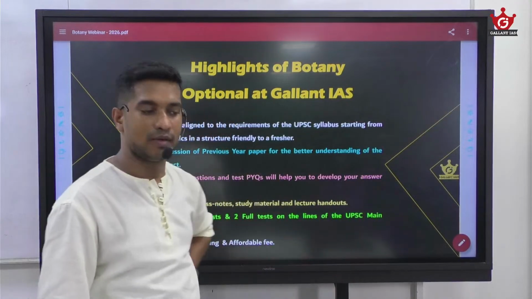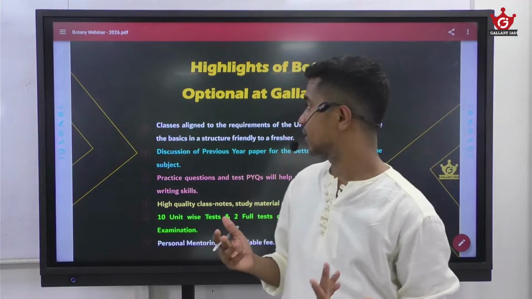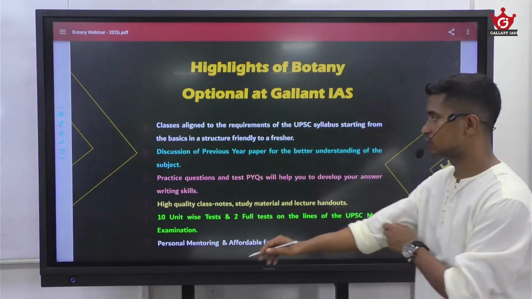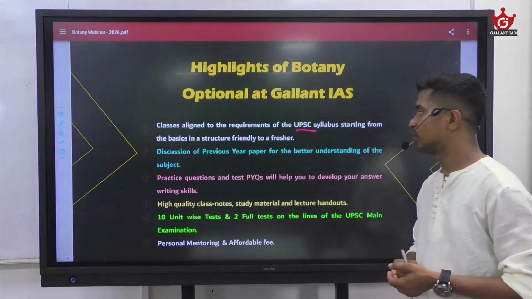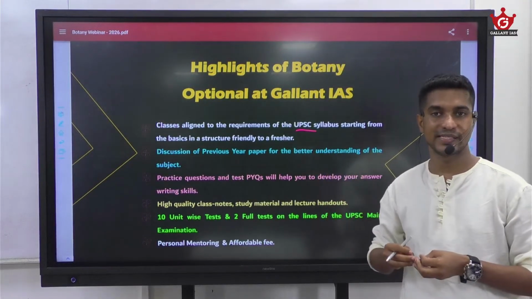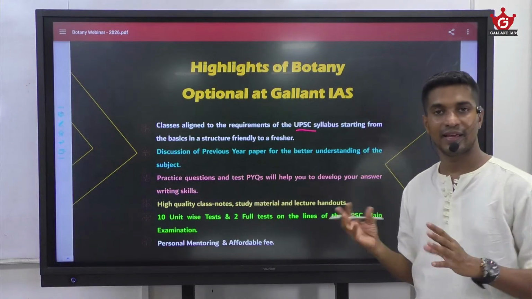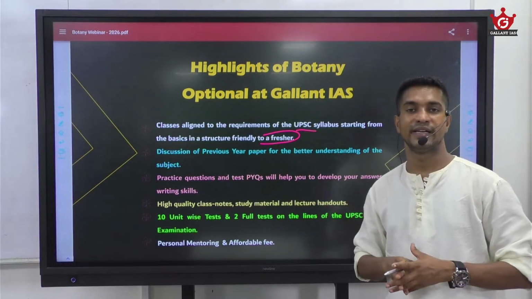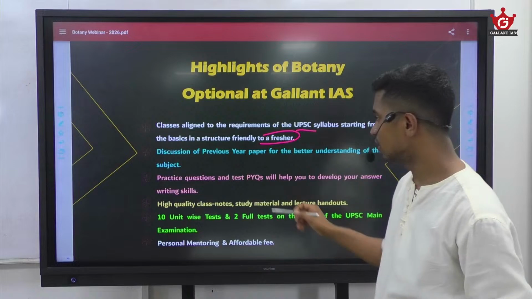So we are moving to the last part. What are the highlights of opting botany in Gallant IAS? The classes are strictly aligned to the UPSC requirement and the UPSC syllabus, starting from the basics, with a fresher-friendly structure developed through our classes, so it is more effective for all.